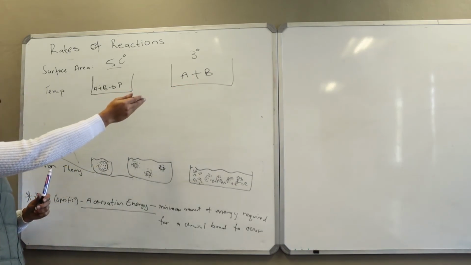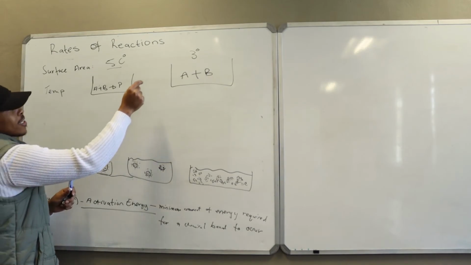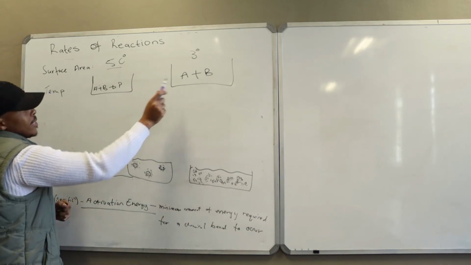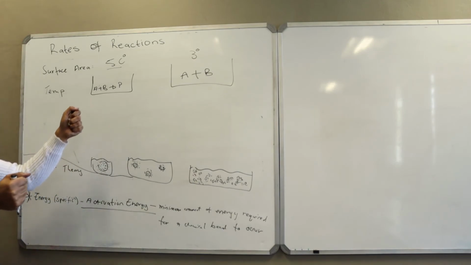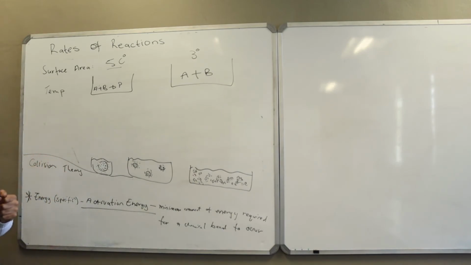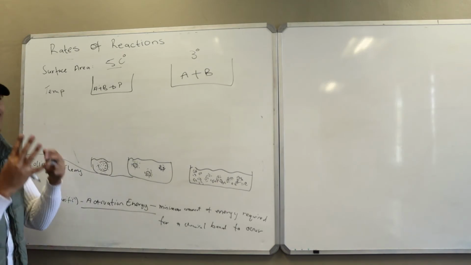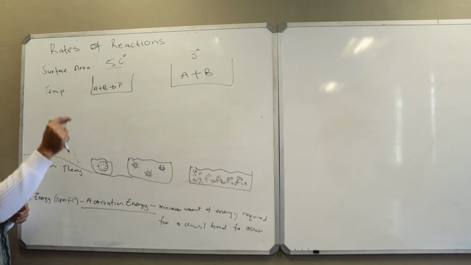How does collision theory explain this? Collision theory explains this by saying that yes, the molecules of A and B collide, but remember, you need specific energy. Yes, they're colliding, but the collisions are ineffective.